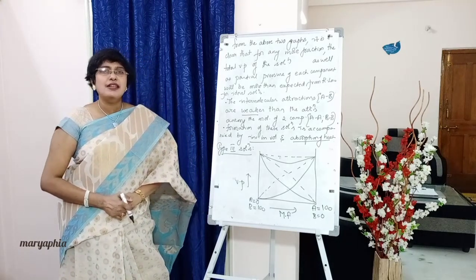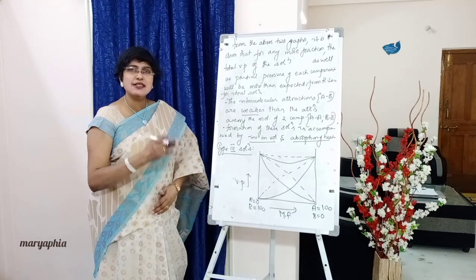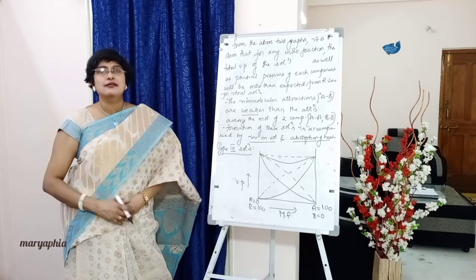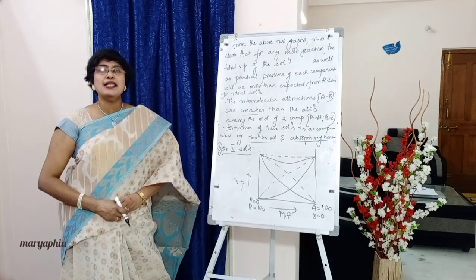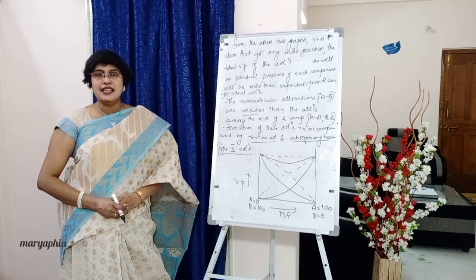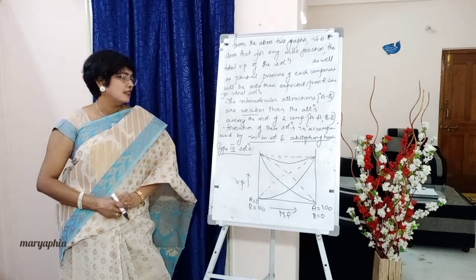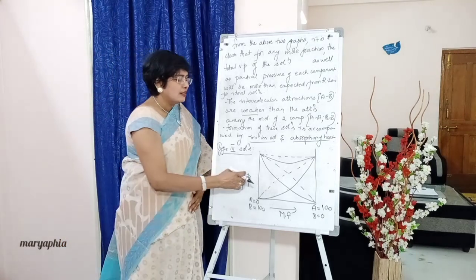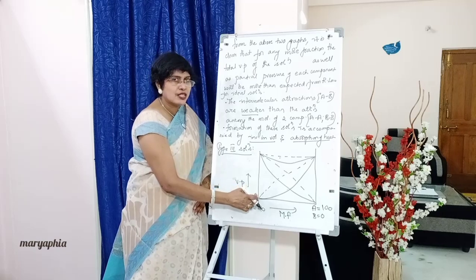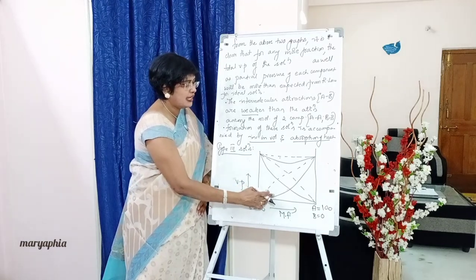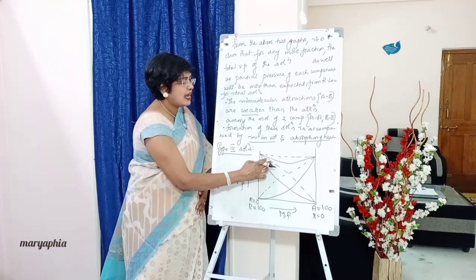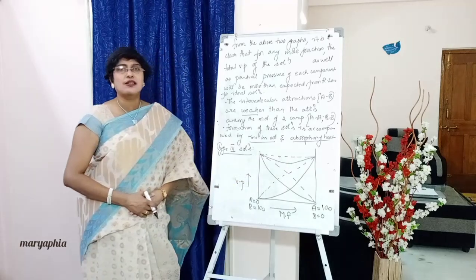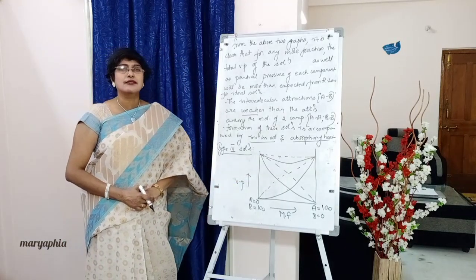So here we can observe the curves are downward. Okay, that means what type of deviation? Negative deviation. Okay, show this is partial pressure of B, partial pressure of A, and this is total pressure of the solution. Have you drawn, students? Okay.